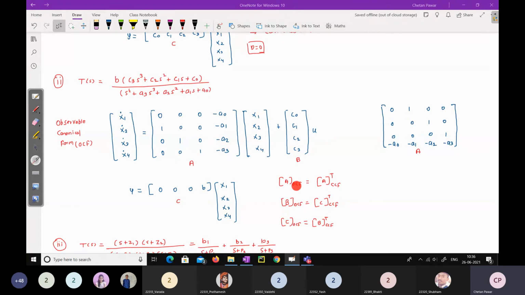So the A matrix of the observable canonical form is a transpose of that of the controllable canonical form. Similarly, the B matrix of the observable form is a transpose of the C matrix of the controllable form, and the C matrix of the observable form is a transpose of the B matrix of the controllable form. So if you know the controllable canonical form, you can form the observable canonical form.